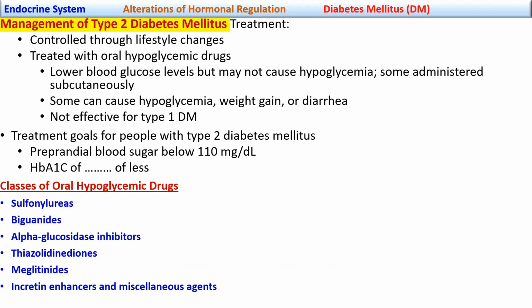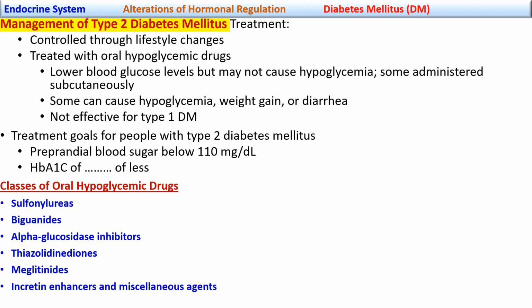Now, for the management of type 2 diabetes, other than the insulin, we'll go to the class of hypoglycemic agents in a minute. The treatment goals for people with type 2 diabetes: preprandial blood sugar below 110.